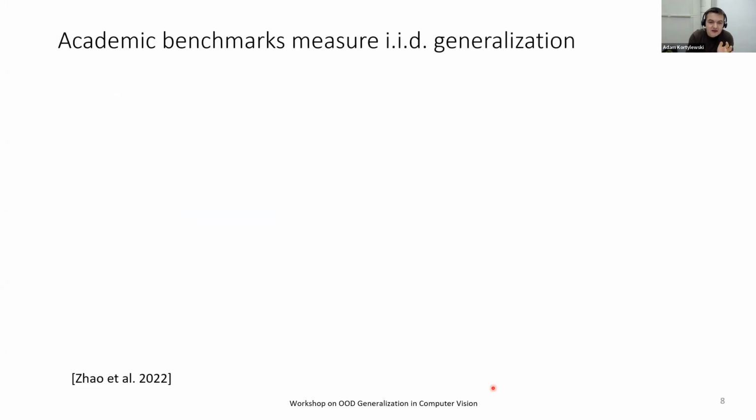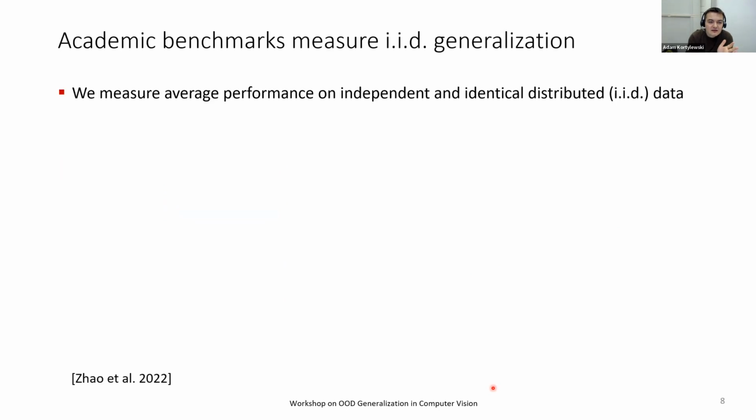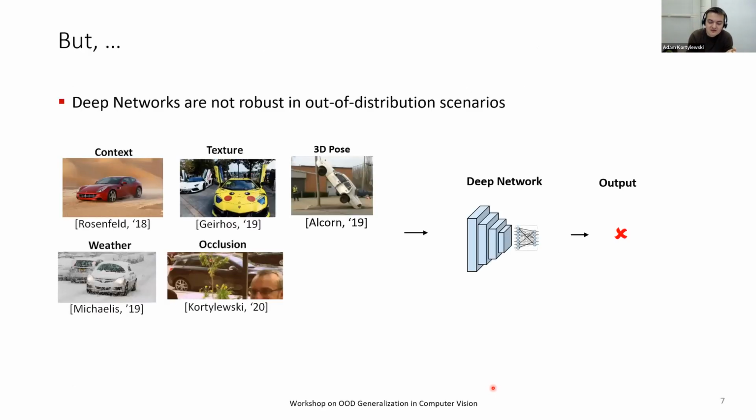Why is this an issue? Autonomous systems will face these challenges in real world scenarios, and they will need to generalize in these cases.